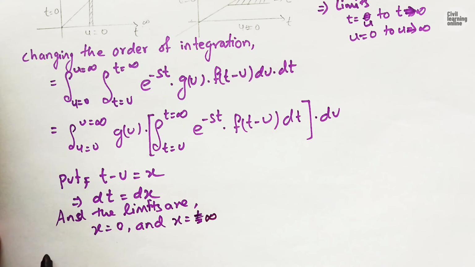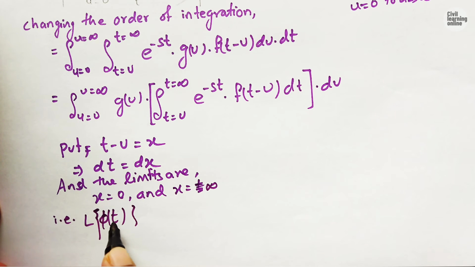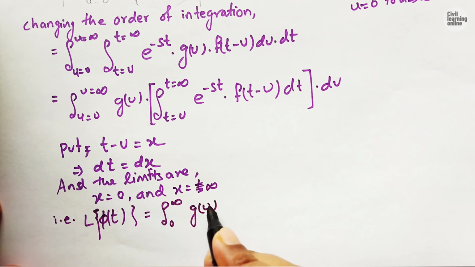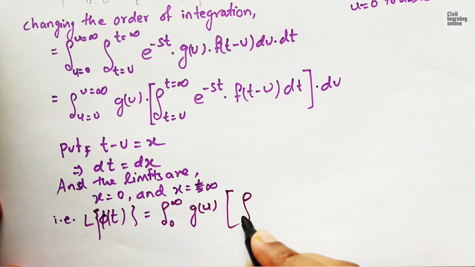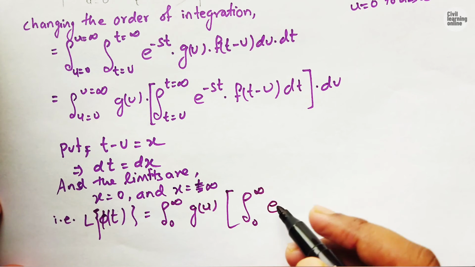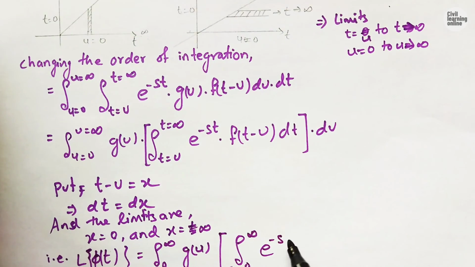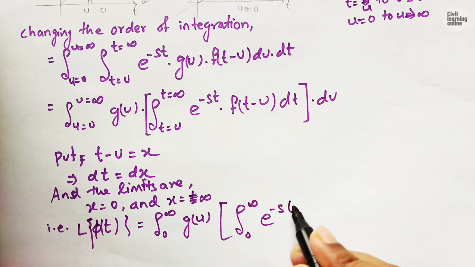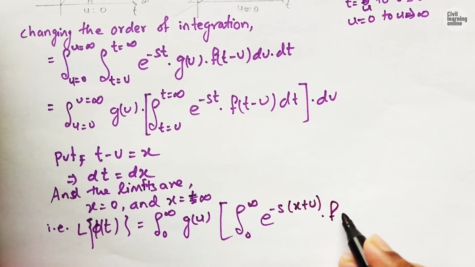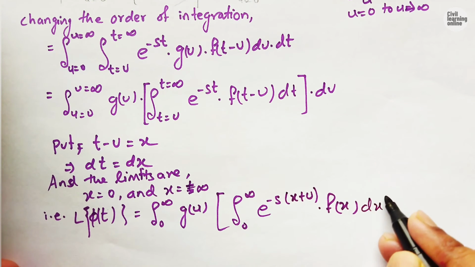Now we will rewrite the equation. Our equation becomes Laplace transformation of phi t, where phi t represents a function which is equal to integration 0 to infinity g u, and in the bracket, integration of 0 to infinity, e to the power minus s t, where t is actually u plus x, times f x, because f of t minus u is f x, dx du.